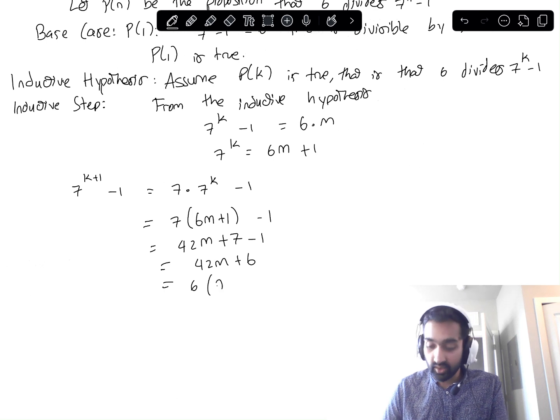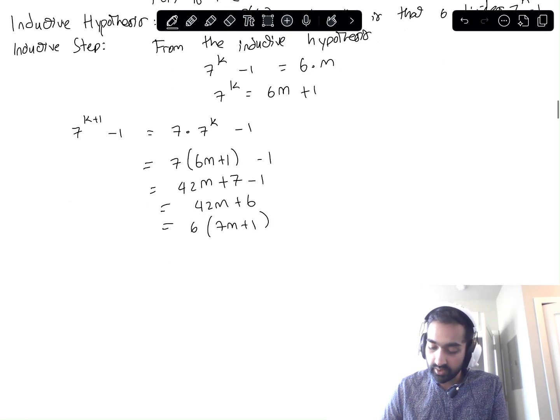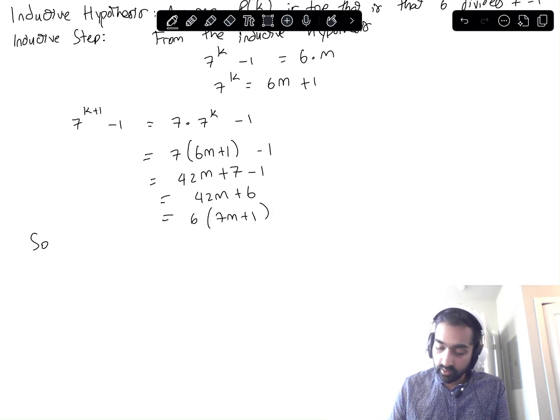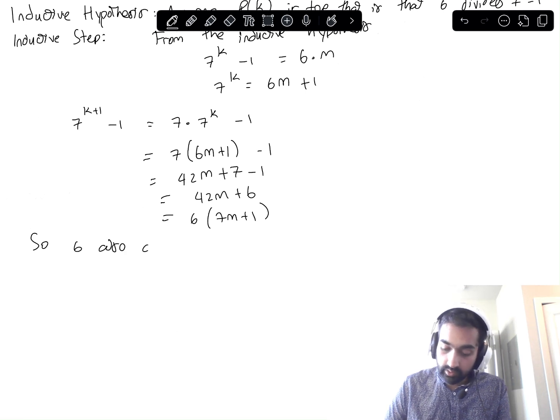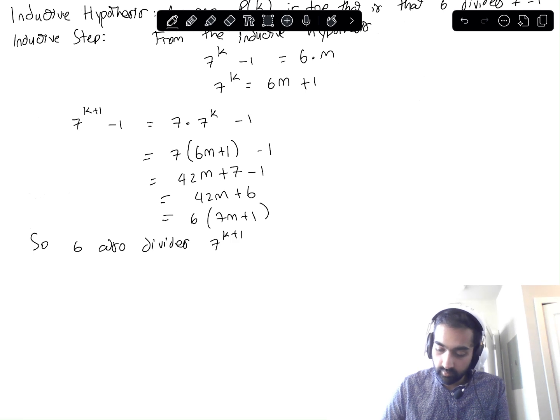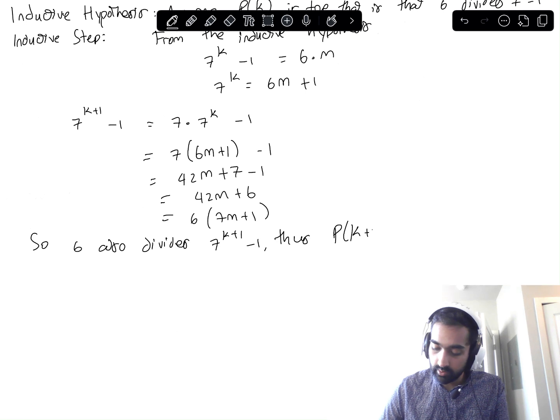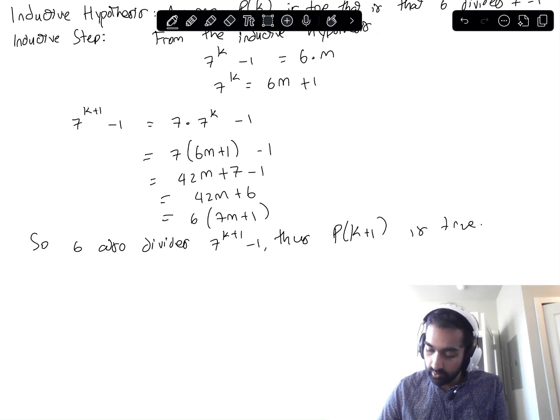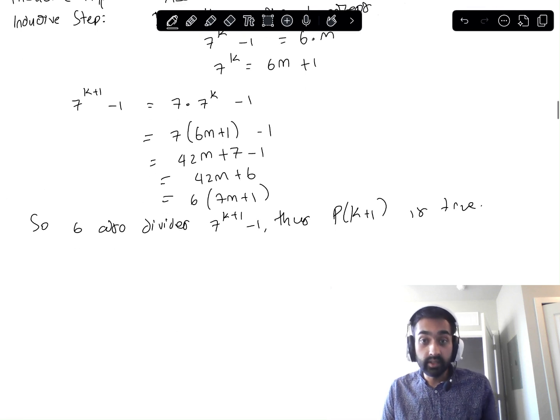But I could factor 6 out of this. That's the whole point. 6 times (7m plus 1). So 6 also divides 7 to the k plus 1 minus 1. Thus, P of k plus 1 is true. So once you've done this, you've actually proven the claim.